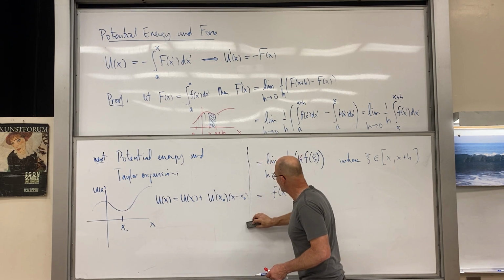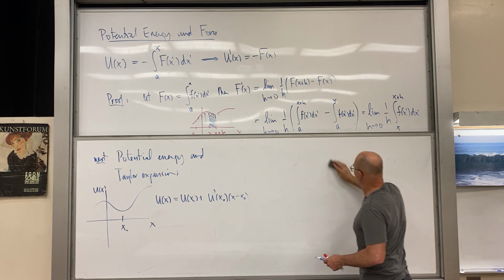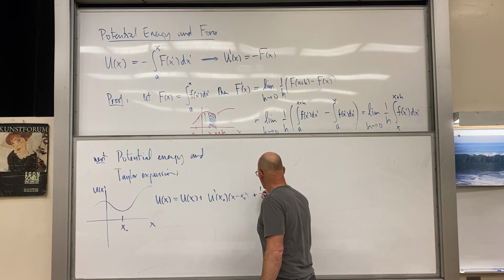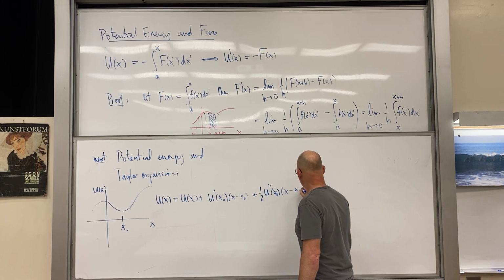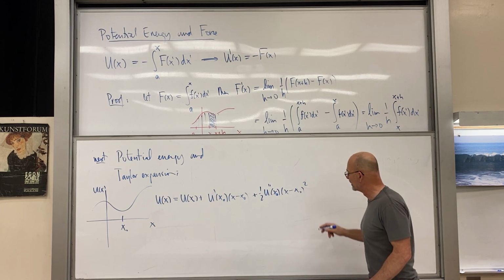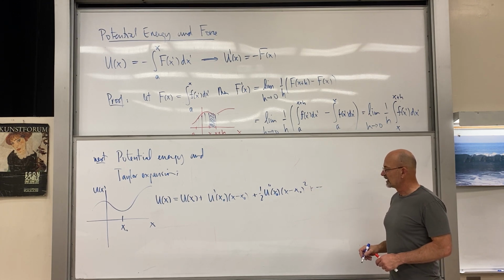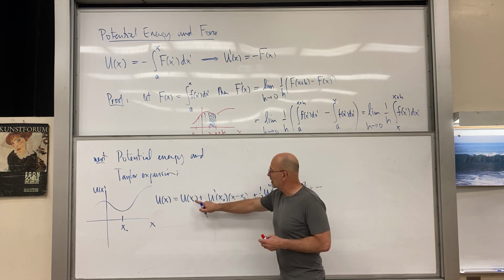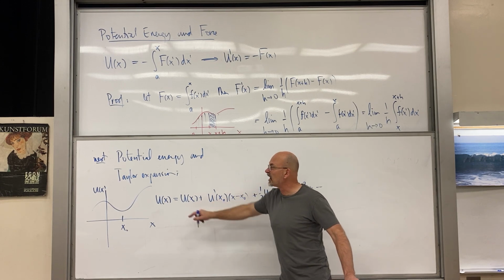Go ahead and free up some board here. Plus 1/2 u double prime times (x minus x0) squared, plus and so on. And we can always eliminate the constant.